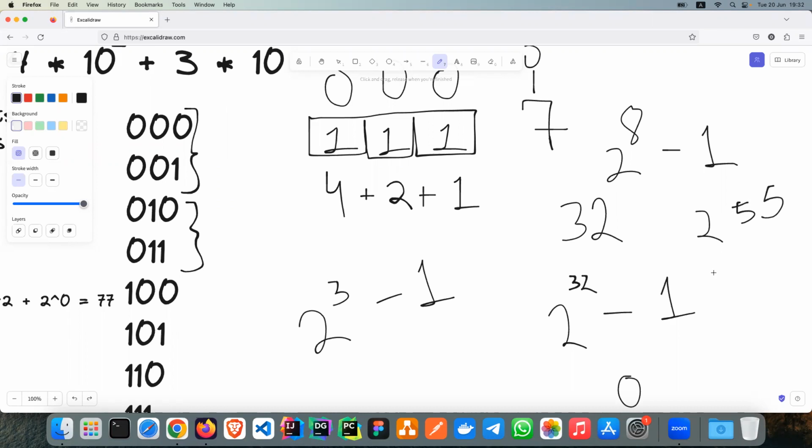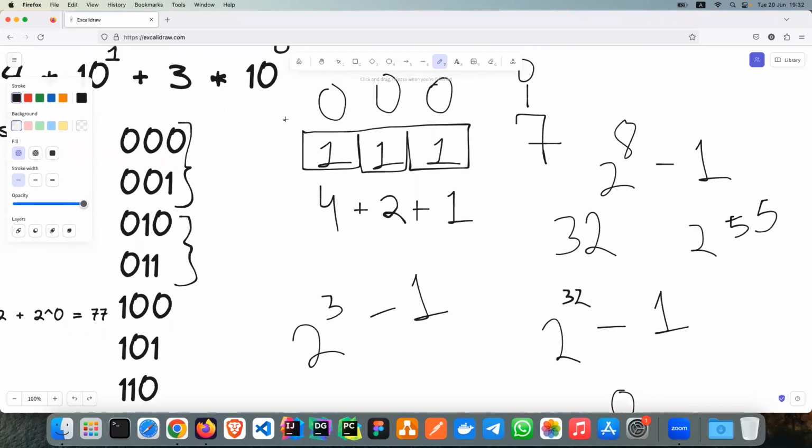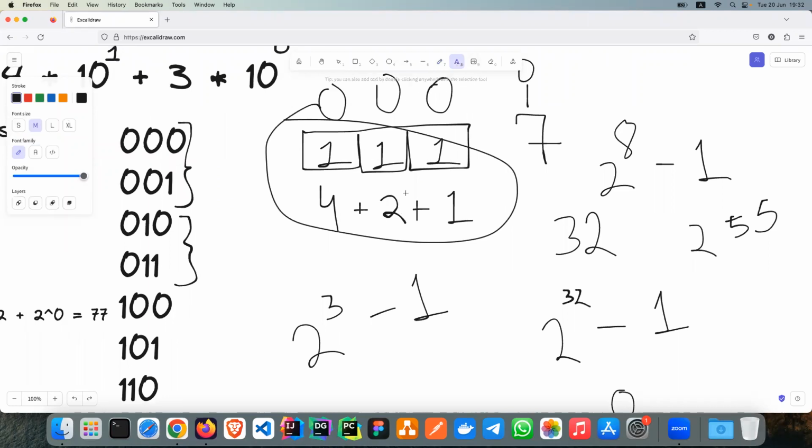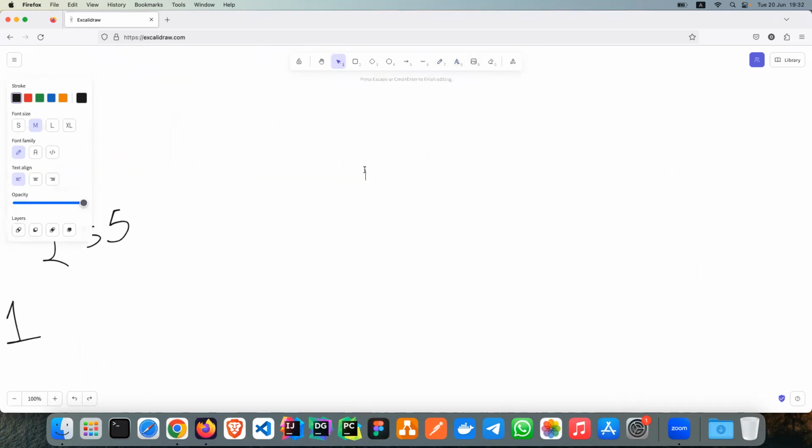How did you get number 7? From here? Yeah, from here. If I want to convert this binary number into a decimal number, what will I do?